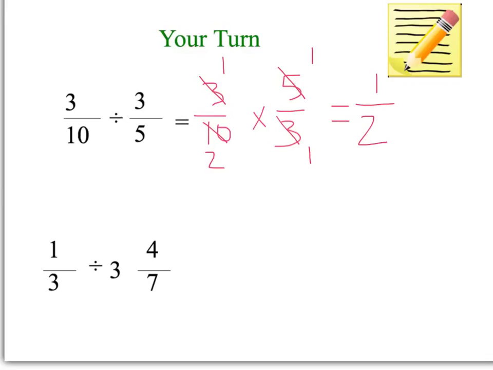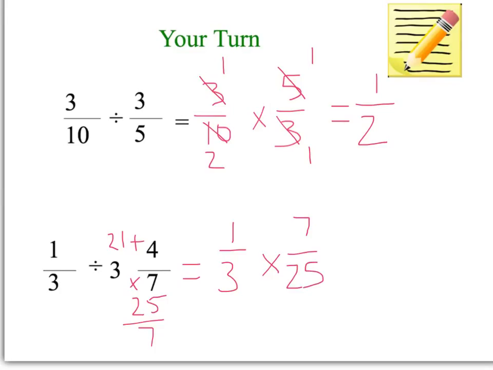Alright, now this one we've got a mixed number here, so we need to change that to an improper fraction. So 7 times 3, 7 3s are 21, plus 4 is 25. So that'll be 25 over 7 as an improper fraction. So it'll be 1/3 times, and we need to flip this, so it's 7 over 25.